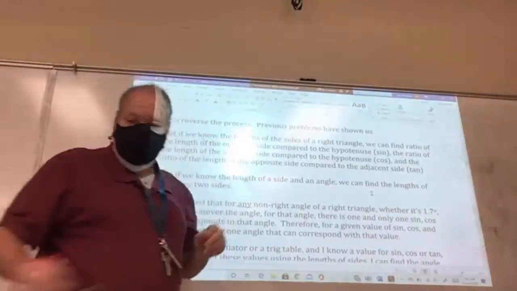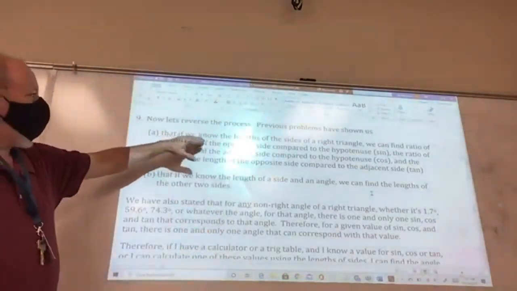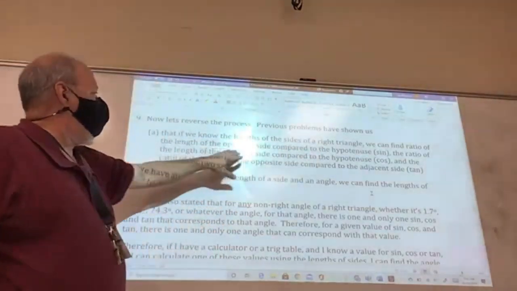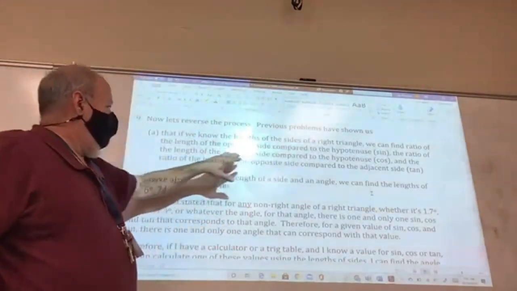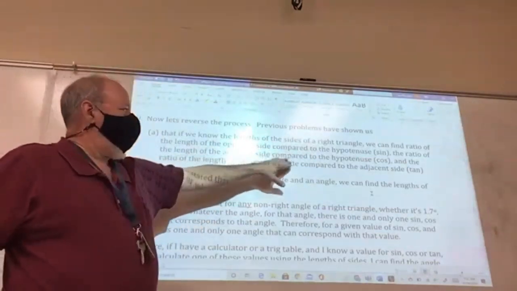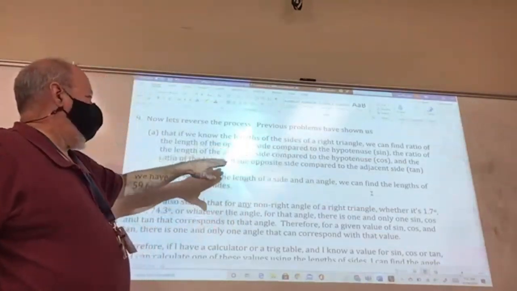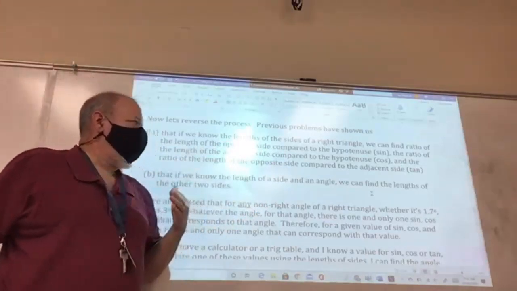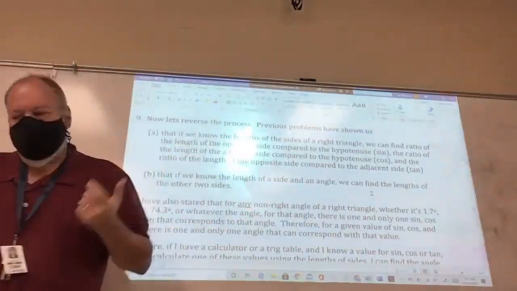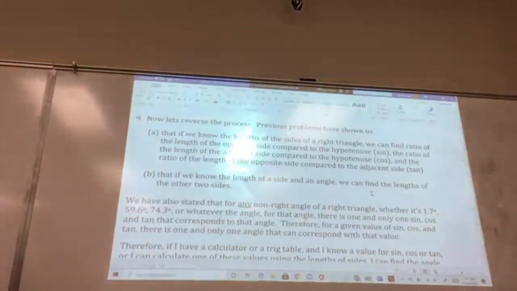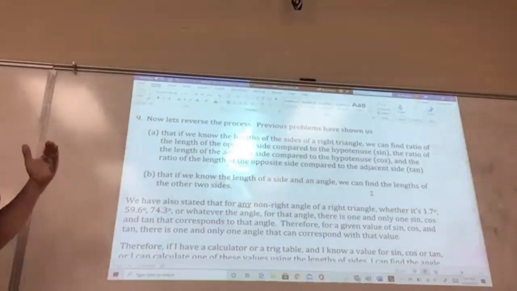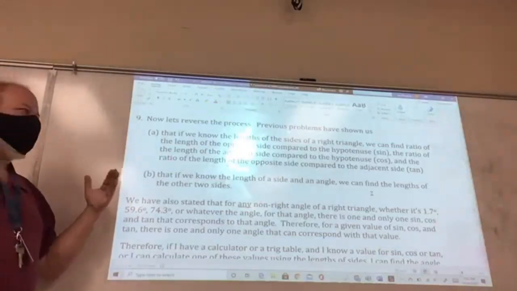Previous problems have shown us that if we know the lengths of the sides of a right triangle, we can find the ratio of the length of the opposite side compared to the hypotenuse, the ratio of the adjacent side compared to the hypotenuse, that's the cosine, and the ratio of the opposite side compared to the adjacent side. I hope you're starting to get used to thinking about these things in terms of ratios of lengths of sides.